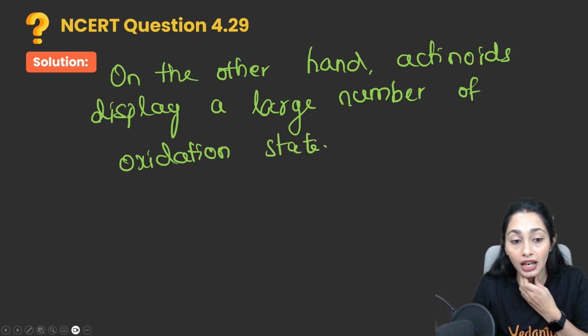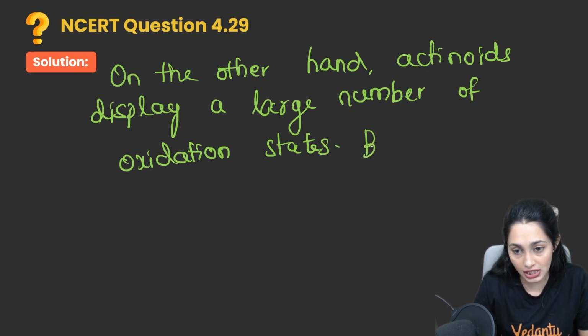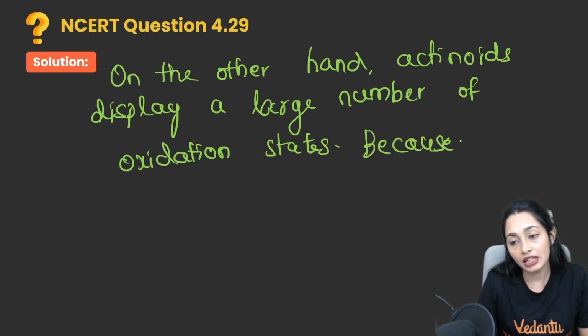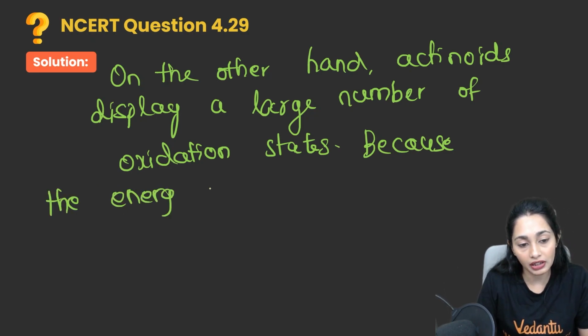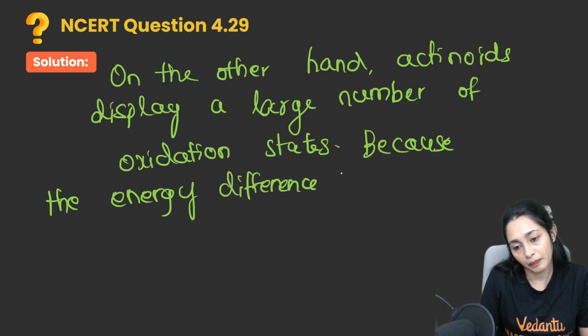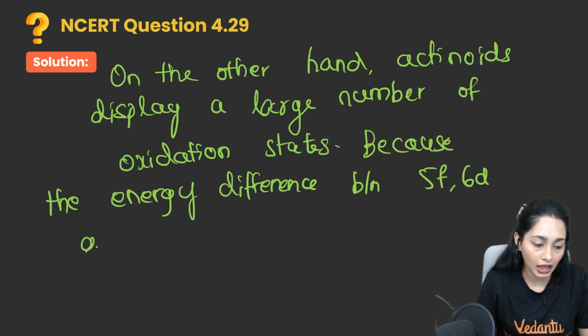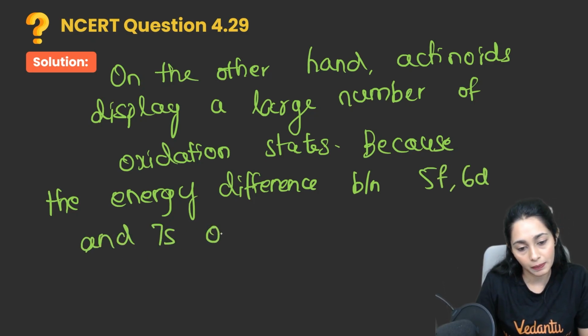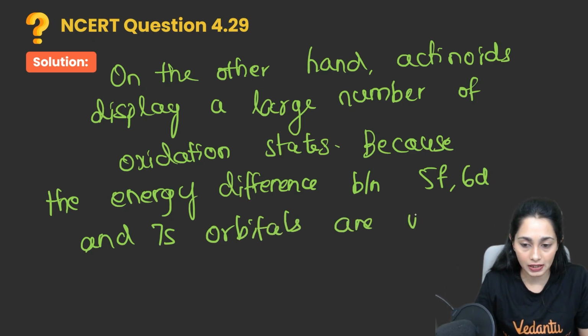They display a large number of oxidation states. Why? Because the energy difference amongst their 5f, 6d and 7s orbitals is very small.